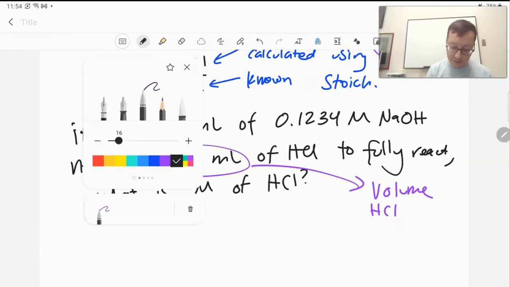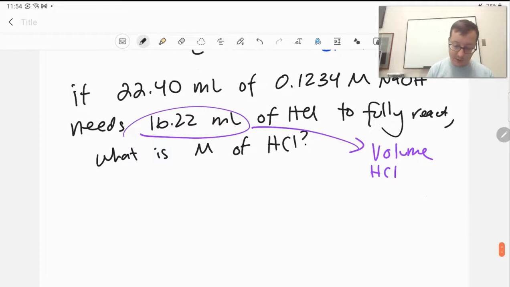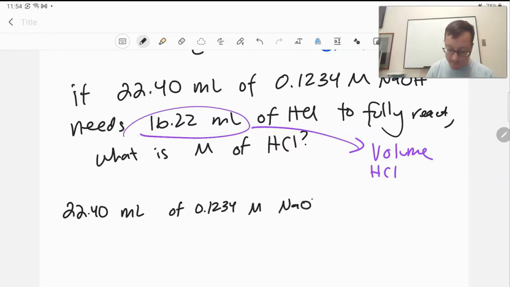So I want you to try this, and we should see what you get. So you want to start with your 22.4 milliliters of NaOH, and you should be able, from this information, to find out the moles of HCl.